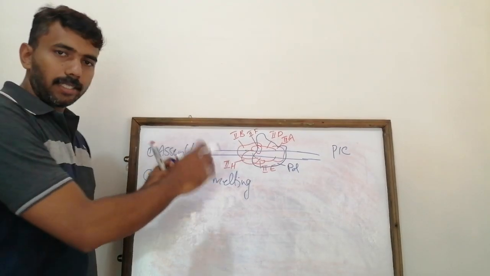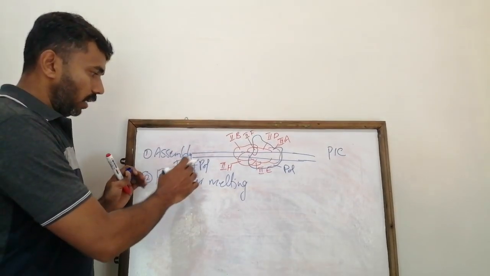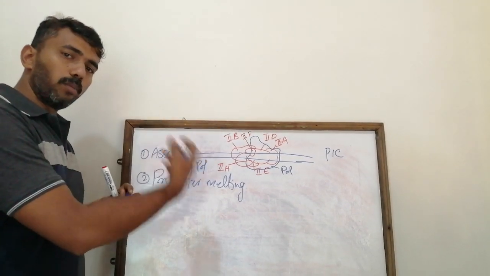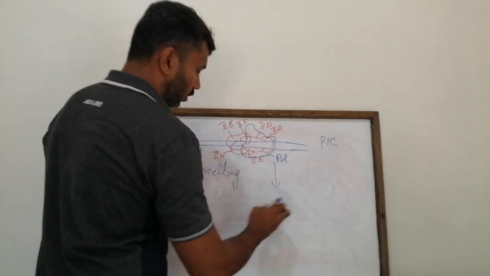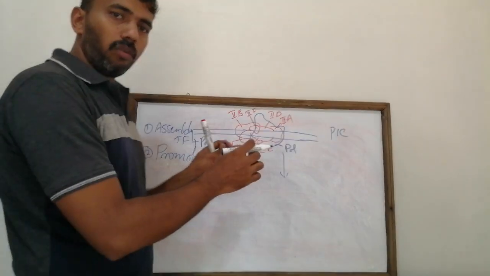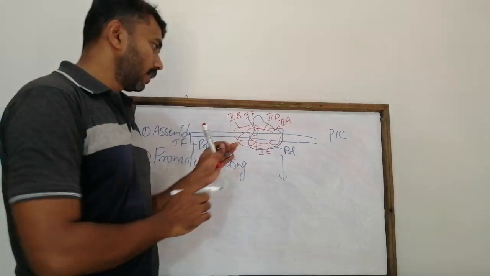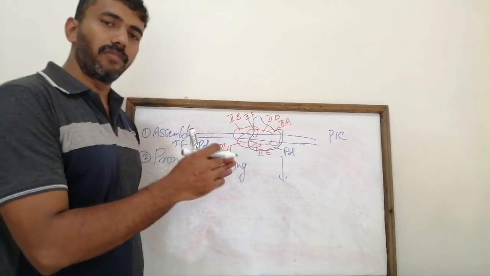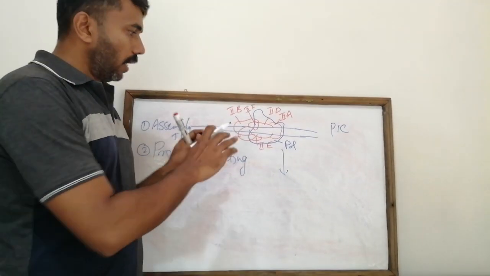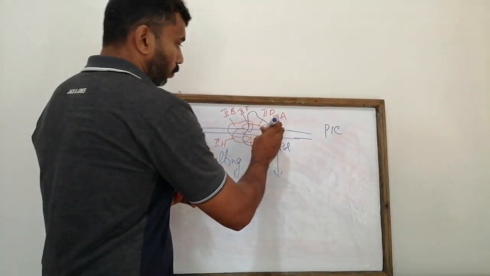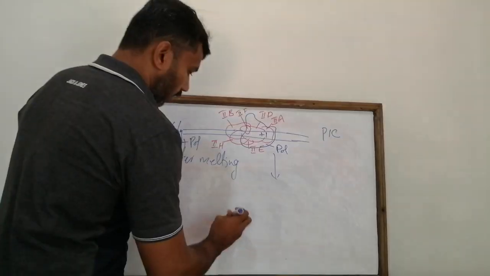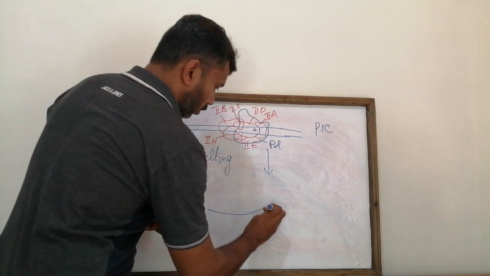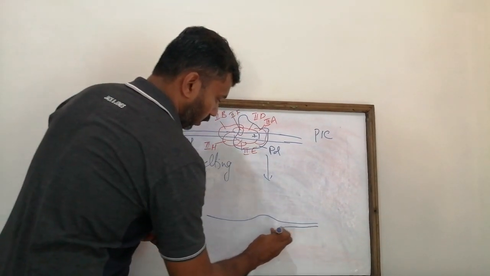Once that is successfully done, we have the next round called the promoter melting. Promoter melting is nothing but the opening of the DNA duplex at a distance of around 15 to 18 nucleotides covering the +1 site. Suppose this is the +1 site in the chromosome, and after promoter melting it will appear like this.